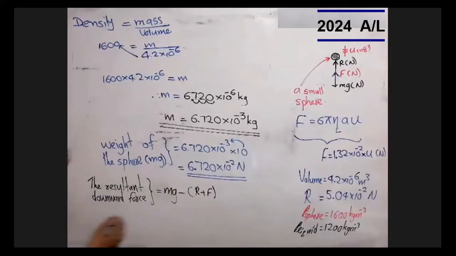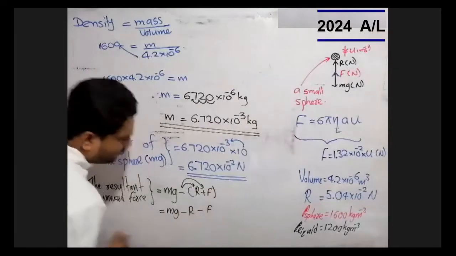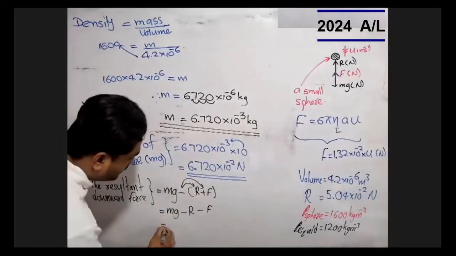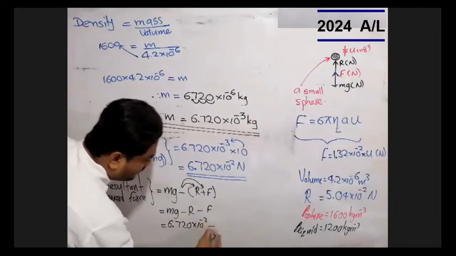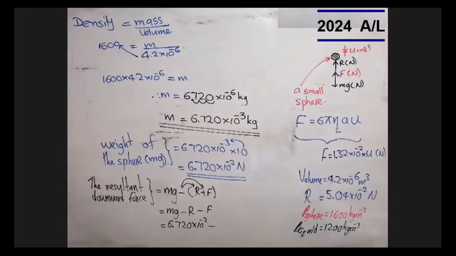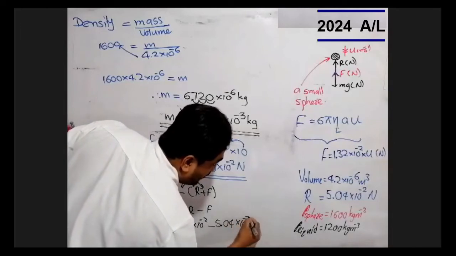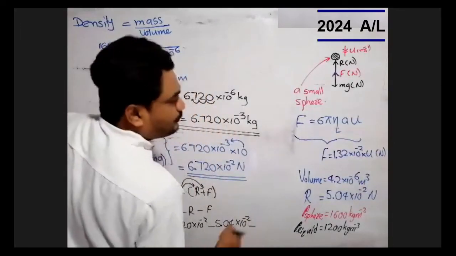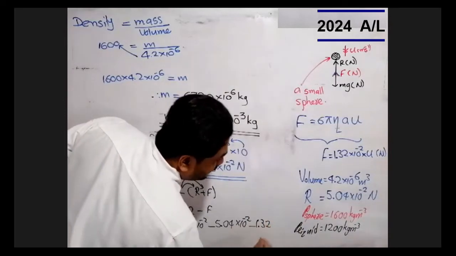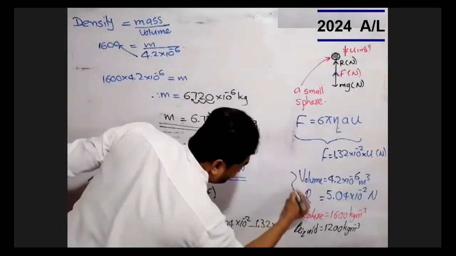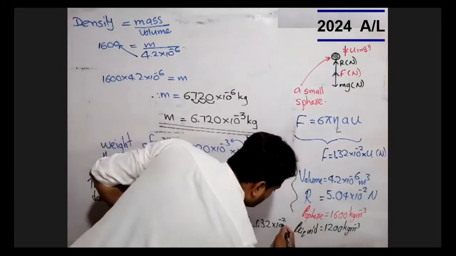So we have mg, let me remove the brackets first of all, minus R minus F. What is mg here? 6.720 times 10 to the power minus 2 minus R, the upthrust here, 5.04 times 10 to the power minus 2 minus F. What is F here? 1.32 times 10 to the power minus 2 times u, the velocity of the sphere.